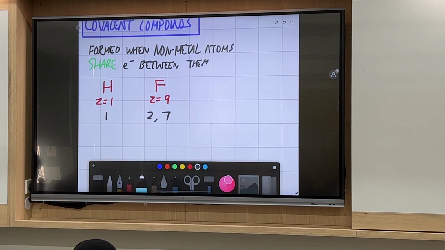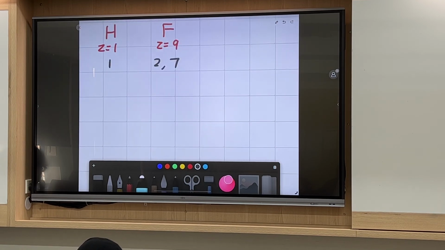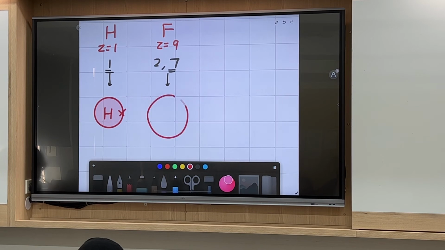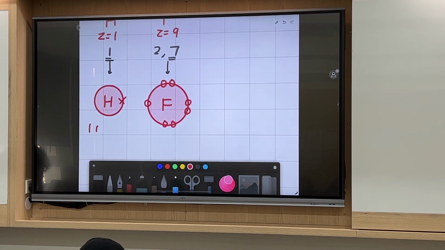This time we are asking ourselves, how many electrons are there in the outermost shell? We have 1 electron in the outermost shell, and we have 7 electrons in the outermost shell. They are drawn with different symbols again. So this has 1 outermost shell electron.